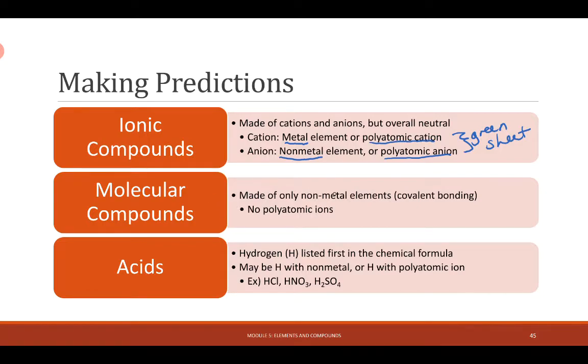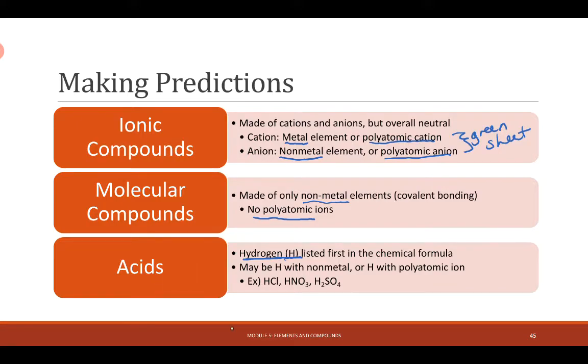Molecular compounds are made out of only nonmetal elements, so 2 or more nonmetal elements. If it contains any of those polyatomic ions, it's not going to be one of our molecular compounds. If it's an acid, then hydrogen will be listed first in the chemical formula. Acids are special molecular compounds where H+ ions fall off easily in solution.